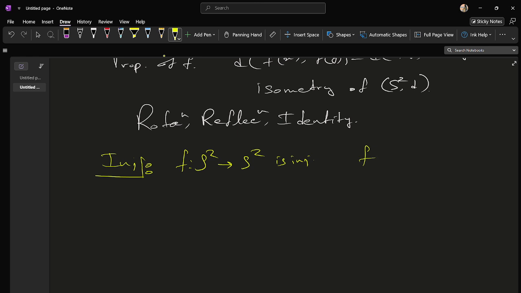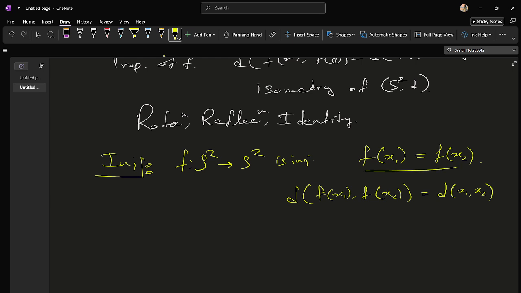Because if f(x1) is equal to f(x2), then the distance of f(x1) comma f(x2) has to be equal to the distance of x1 comma x2. As f(x1) and f(x2) are the same, this distance will be 0, so the distance of x1 comma x2 has to be 0, so x1 has to be equal to x2. So it is injective.